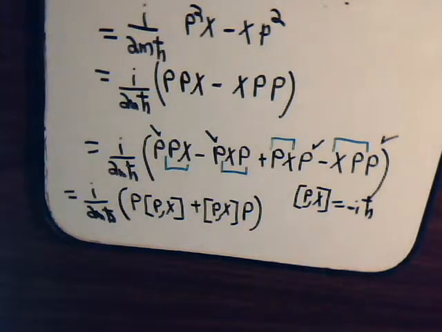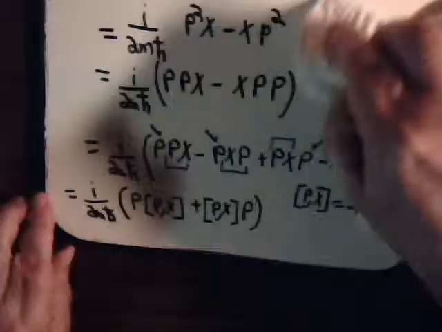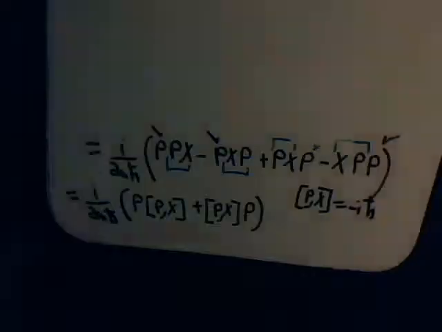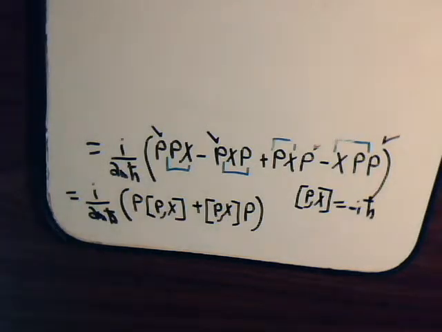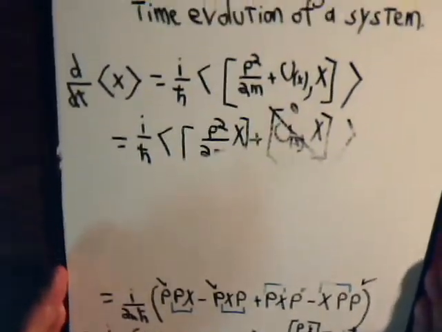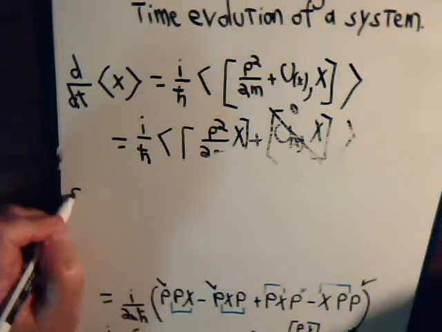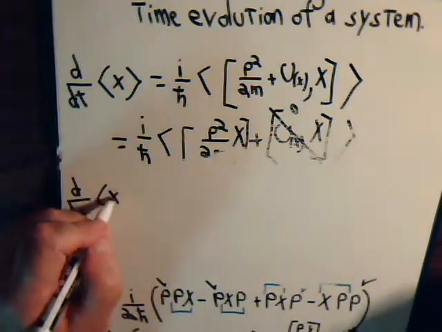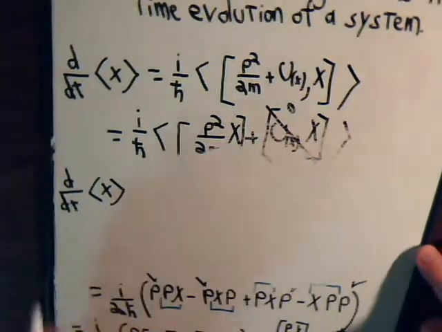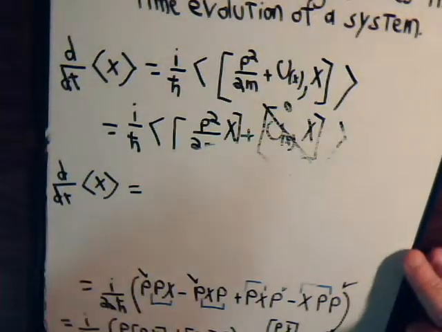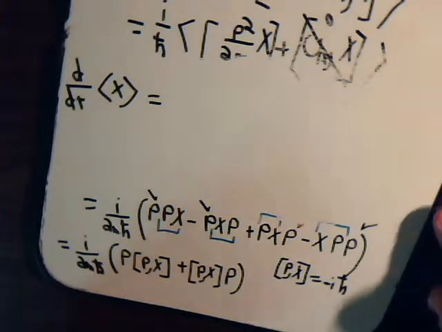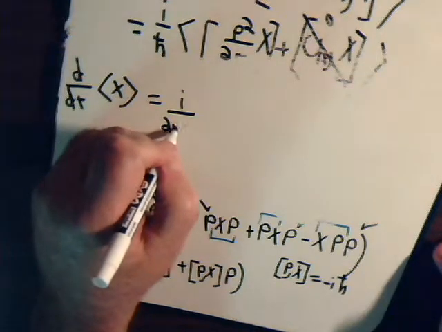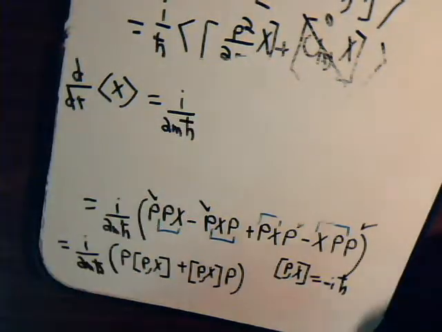Let's make some room. Don't need this bar anymore. What we have is d/dt of the change in position equals, that's i over 2m h bar.